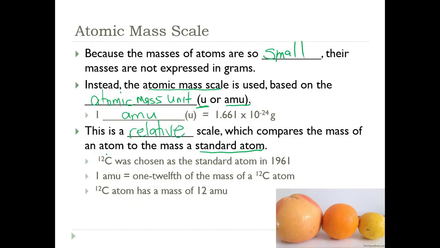And so finally they said, hey, this is foolishness, we should come together and just use one standard atom. And so 1 AMU is defined as 1/12 of the mass of a carbon-12 atom, such that the mass of a carbon-12 atom is exactly 12 AMU.